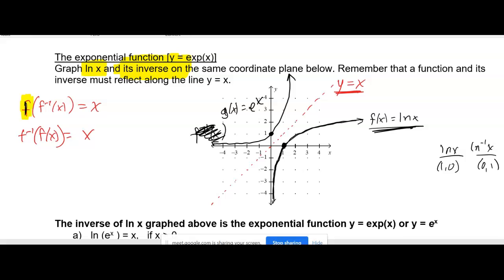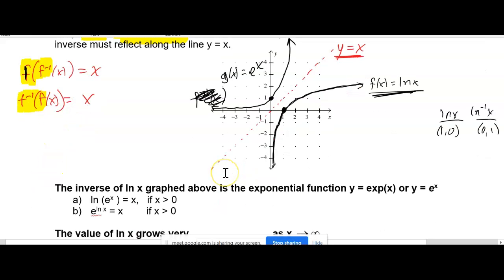If I take a function and its inverse and write them as composites of each other, they cancel each other out, leaving us with just the inside. And if we do the exact opposite, the exact same thing is going to happen. So the reason that is important is for what I have next underneath here. For this combination here, if I have the natural log of x and I replace the x with its inverse, and its inverse we've now said is e to the x, those have to cancel, leaving us with just the composite.